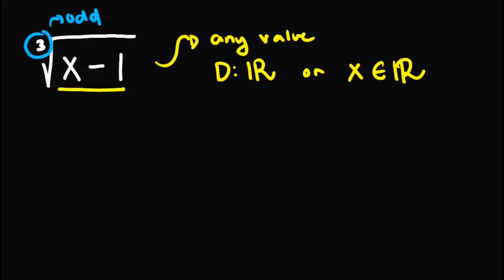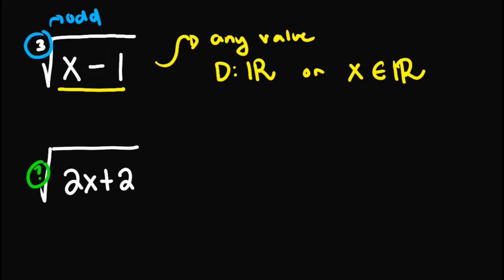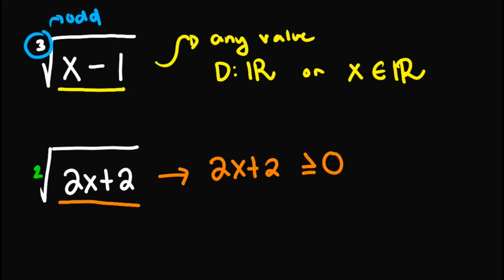Let's try this next one: the square root of 2x plus 2. Since the index is not present here, we know that this must be an index of 2. So 2 is even, and if it is even, from a while ago, we know that the expression inside, 2x plus 2, must be greater than or equal to 0.